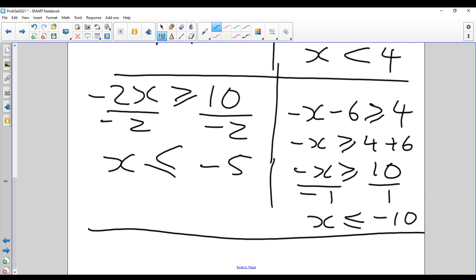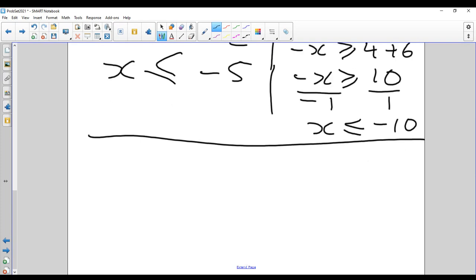So the domain used to be x is greater than or equal to 0, but there's a reflection, which means essentially I'm multiplying by minus 1 or dividing by minus 1. What happens to my inequality then?